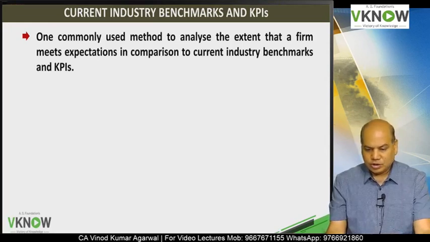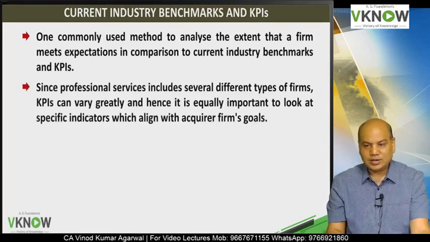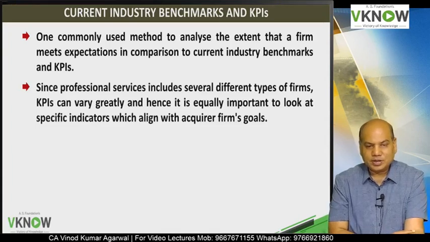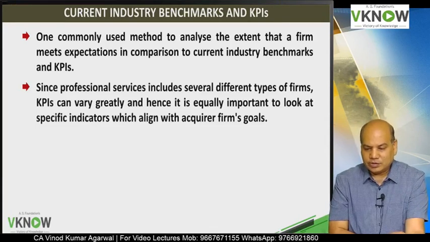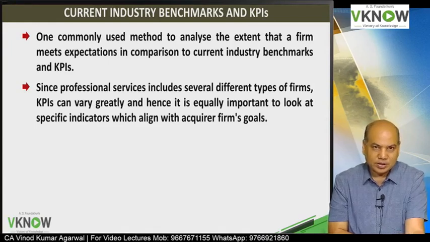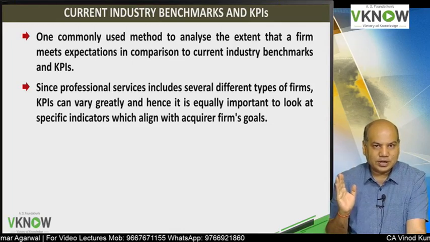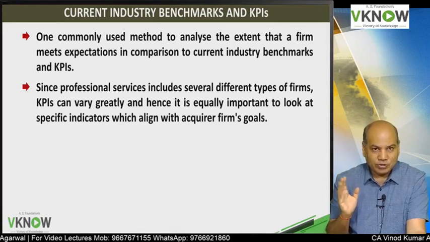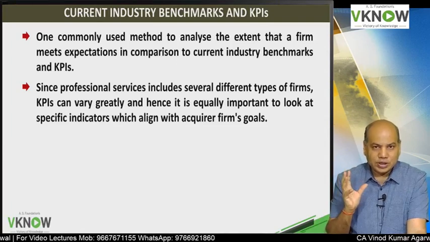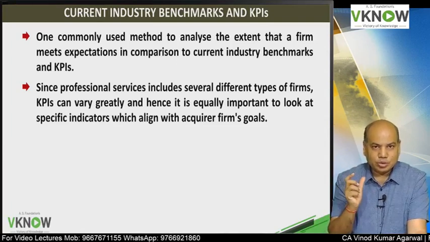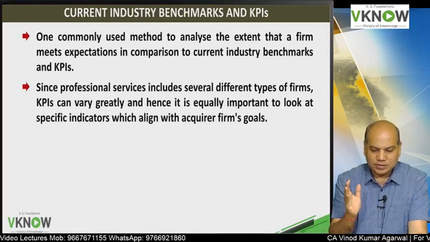One of the commonly used methods is to analyze the extent that a firm meets expectations in comparison to current industry benchmarks and KPIs. So if you have to value a particular firm, you have to see what the standards of that industry are, the KPIs of that industry, and to what extent this company is able to match those KPIs.